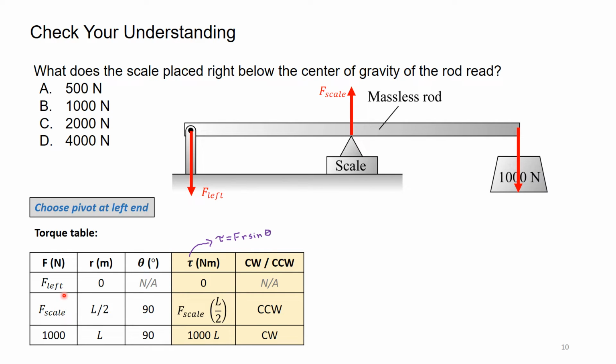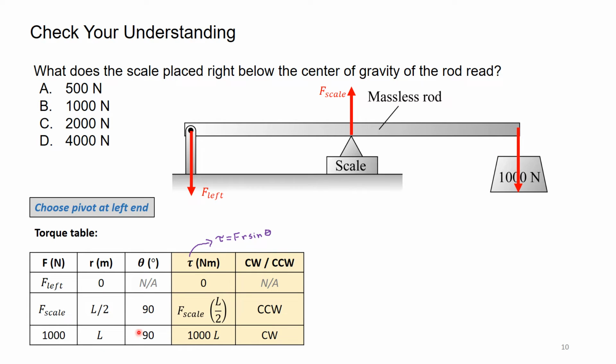So we are done with the first two forces. Now let's do the third one. So third one is a 1000 Newton force. We already know what the value of the force is, so I'll plug in 1000. And the R of this force is L, because you can see the pivot is at the left end, and this other force is acting on the opposite end. So the distance between them is the length of the rod, which is L. And the angle between the R vector and the force is again 90 degrees, because the beam is horizontal and the force is pointing vertically straight down, so it makes an angle of 90 degrees between them.